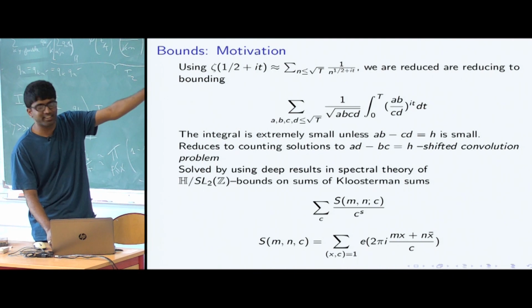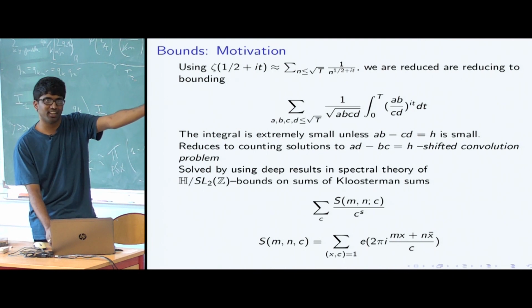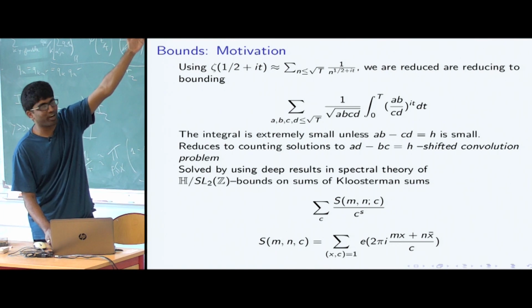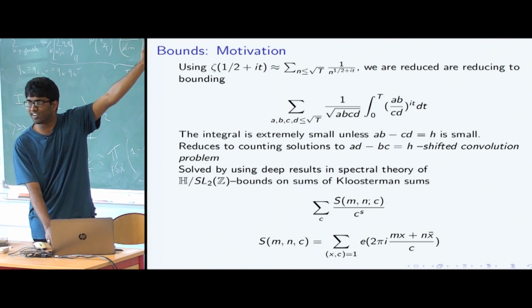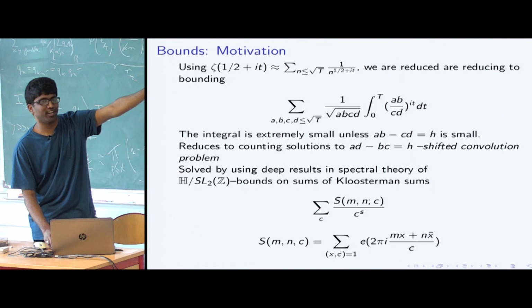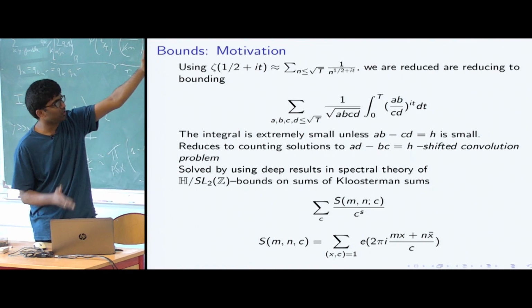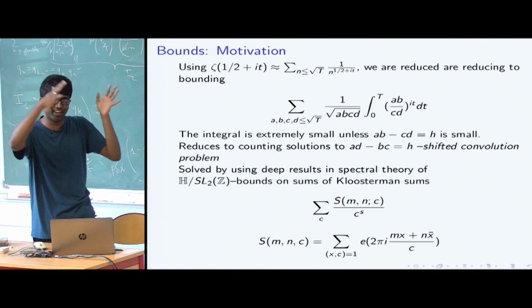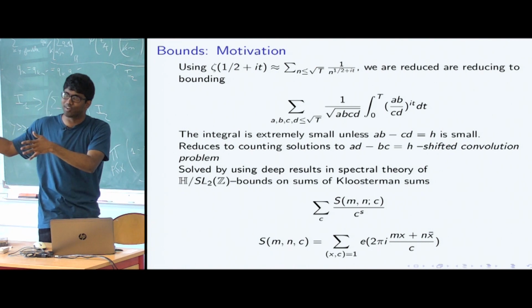The spectral theory gives you bounds on such expressions, and the problem that we got in trying to understand the moments of zeta has its solution coming from this spectral theory. So we started somewhere and we landed at a completely different place.